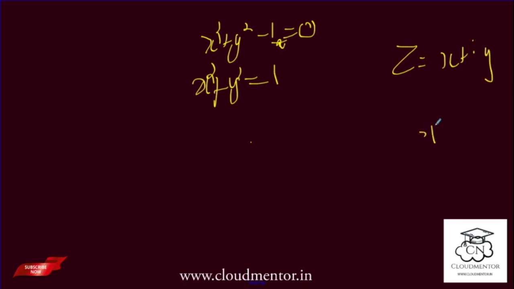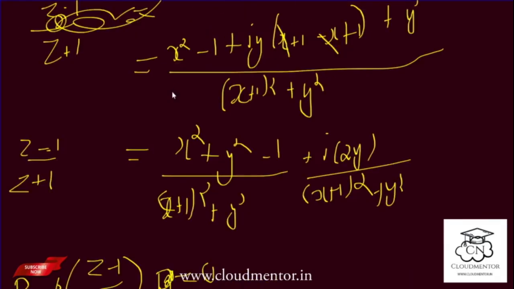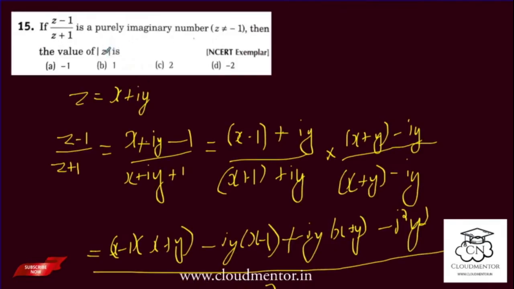So modulus of z square is equal to 1. This modulus is only the magnitudes. And now we can write that modulus of z is equal to 1. So what is the value asked in this question? Yes, the value of modulus of z is equal to 1. Option B is the right answer. Next question.